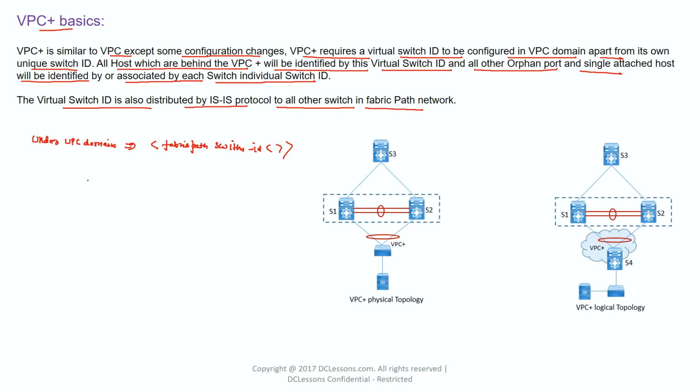And all the VPC peer links must be configured with switchport mode fabricpath. So this is the configuration we have to do while configuring VPC+ in the FabricPath domain.